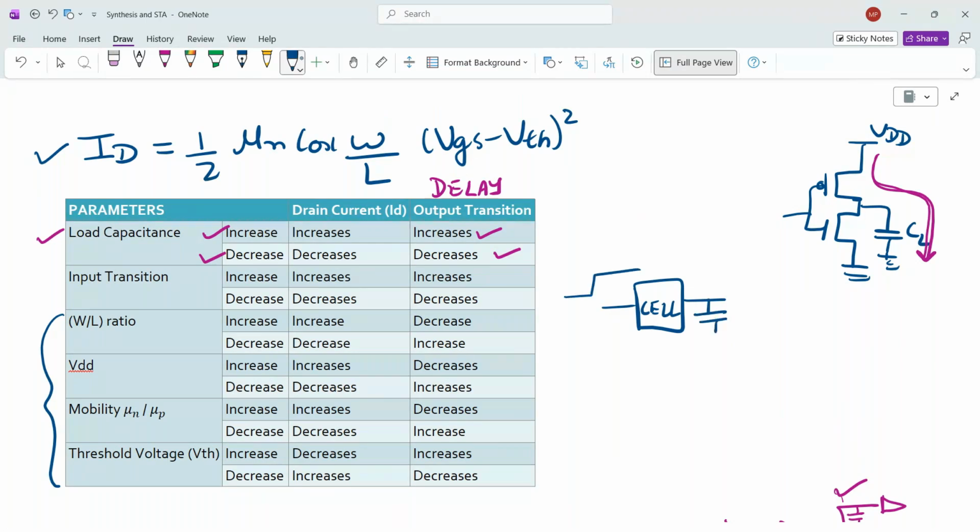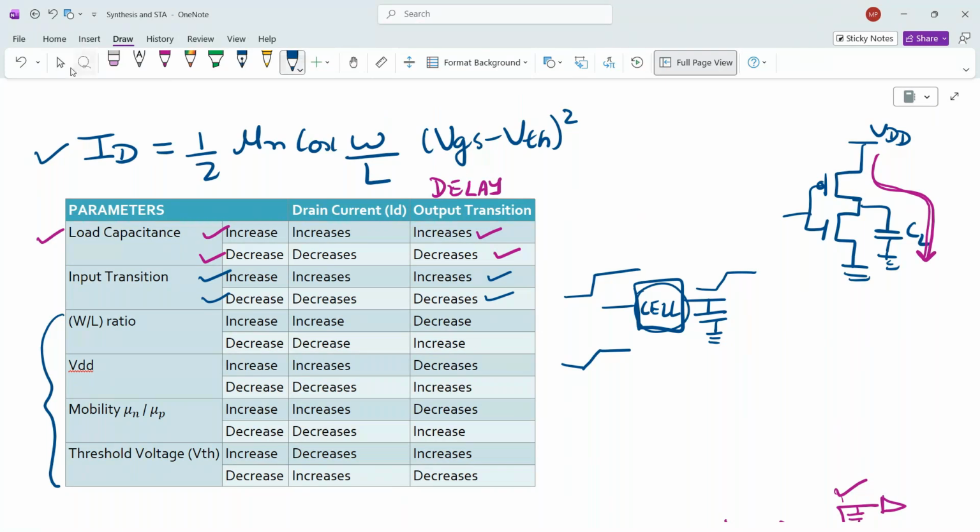This is how you calculate the delay. Now you are giving input only delayed, and there is nothing in the cell which is making it better, right? The output will be delayed only. Simple logic. So when you increase the input transition, the output transition also increases, and when you decrease it, it will also decrease. So these are the two factors which are not there in this equation.